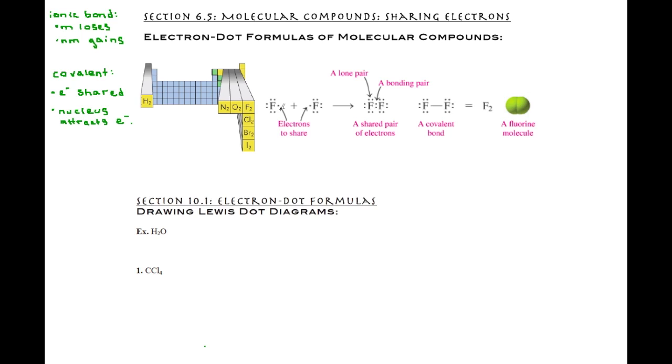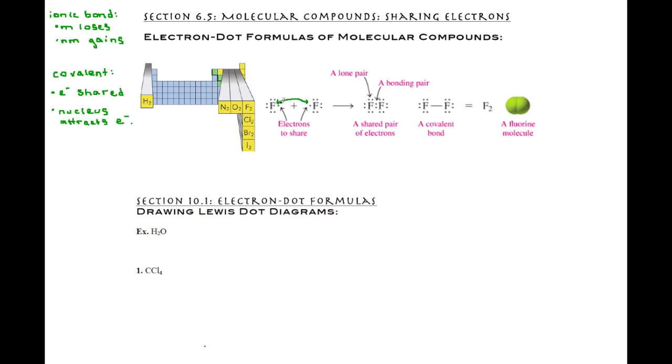And so this fluorine, to get an octet, needs 1 more electron. But this one also needs 1 more electron. So it's not like this fluorine can give away all 7 of its electrons to this fluorine. It won't. Rather, this one says, hey, I'll share this electron with you.